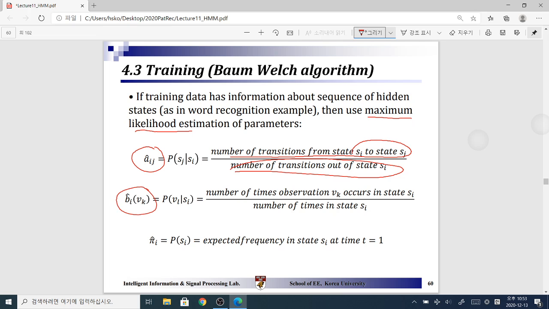For the emission probability, it would be the ratio of the number of times observation V_k occurs in state S_i divided by the number of times in state S_i. And similarly, for the initial probability, that would be the expected frequency in state S_i at time t equals 1.